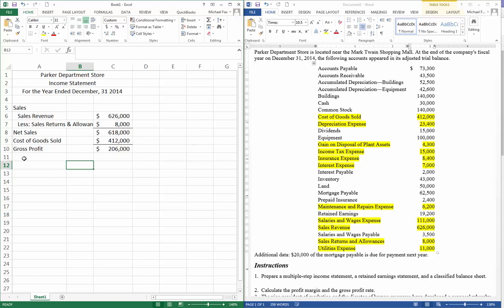All right, next section we'll have is operating expenses. We had salaries and wage expense. We had depreciation expense. Oops.